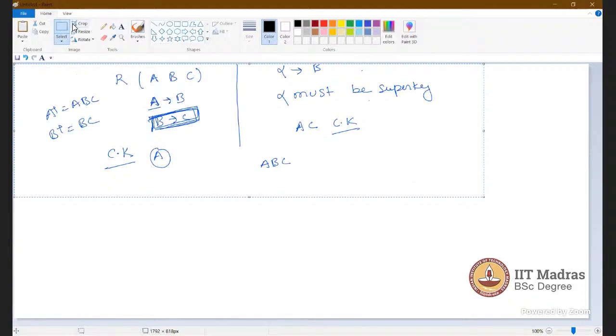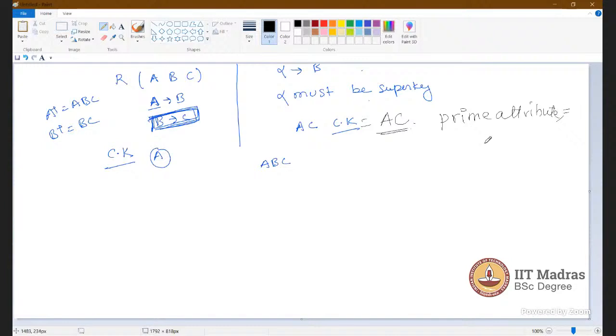Just assume this is a kind of hypothesis. So this CK is your candidate key, right? So A and C are the prime attributes. Yes, sir. So here you can check whether it is in third normal form or not. What are the conditions of the third normal form for alpha to beta?